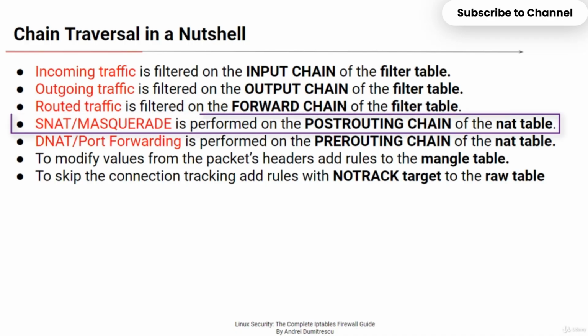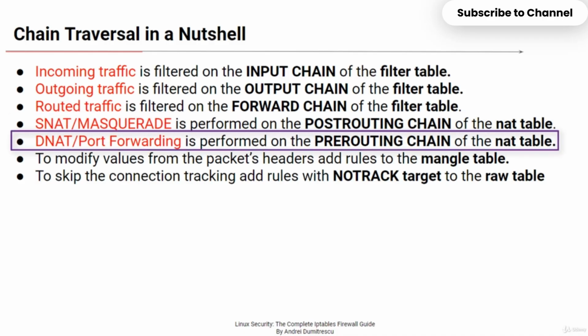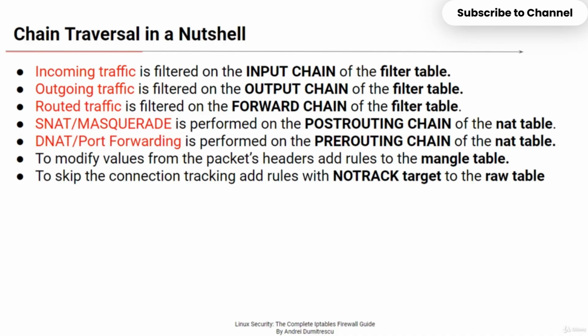Then, source network address translation, SNAT or masquerade, is performed on the nat table of the post-routing chain, and port forwarding or destination network address translation is performed on the nat table of the pre-routing chain.